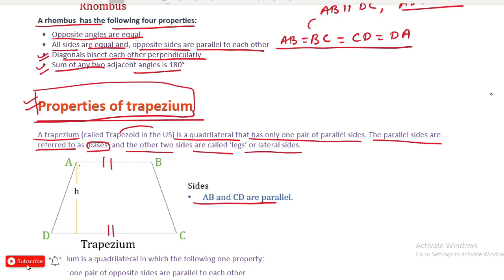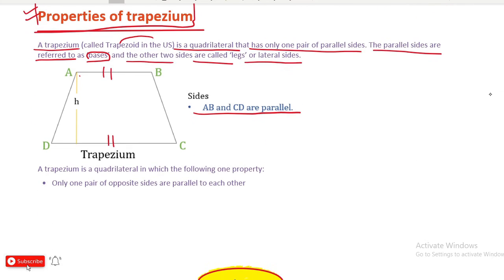Same here, AB and CD are parallel. Now next, a trapezium is a quadrilateral with the following one property. In the trapezium we have only one property. The property is what? Only one pair of opposite sides is parallel. Okay. Means only one pair of opposite sides is parallel.